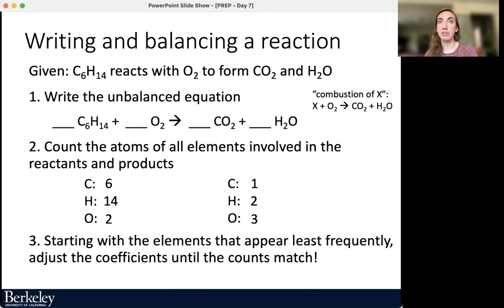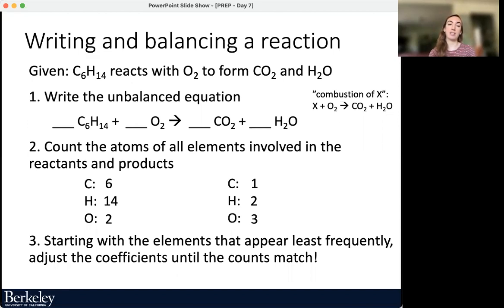Different people develop their own strategies for how they do this. As long as you end up with your counts matching on both sides, there's no right order of which element to balance first. What I find most effective is starting with the elements that appear the least frequently.